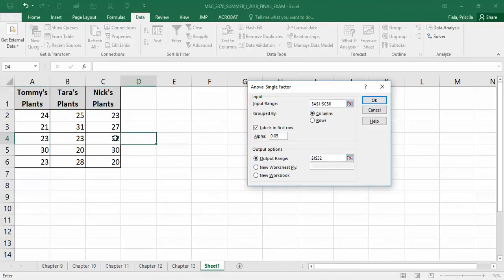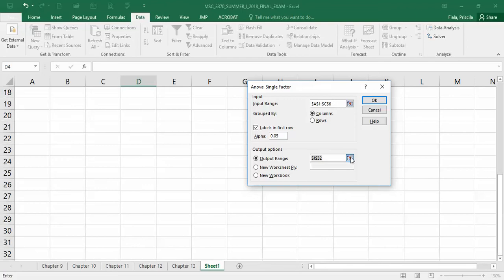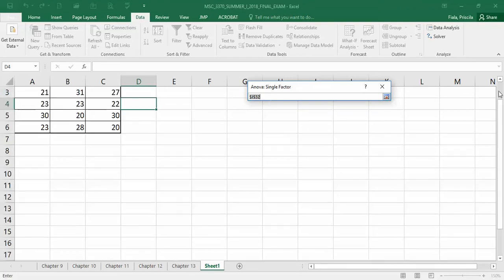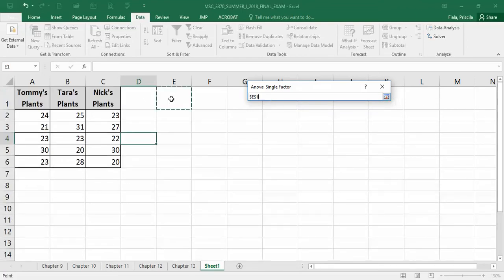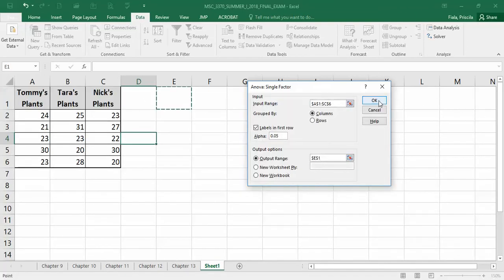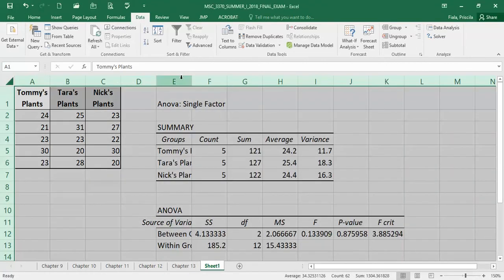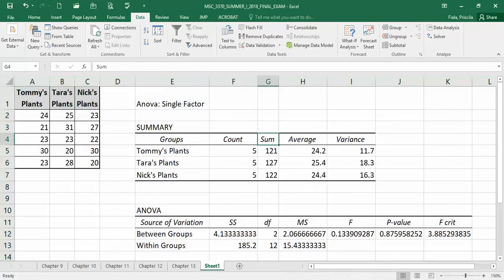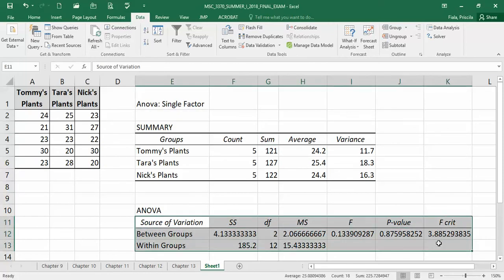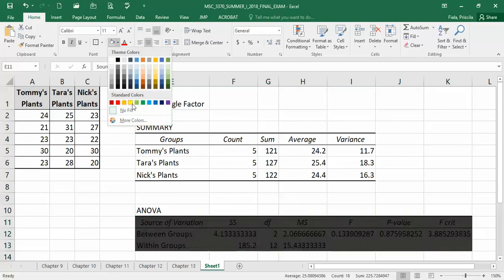They're in columns, correct? There are labels in the first row. Leave the alpha at default and choose your output. I'm going to put an output right next to it and click OK. The numbers you're going to need are on the bottom right here. This is all you're going to be using.